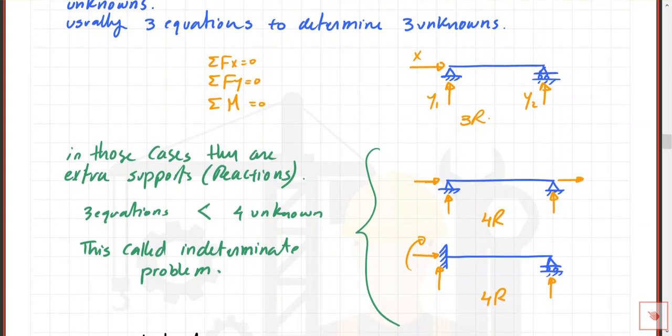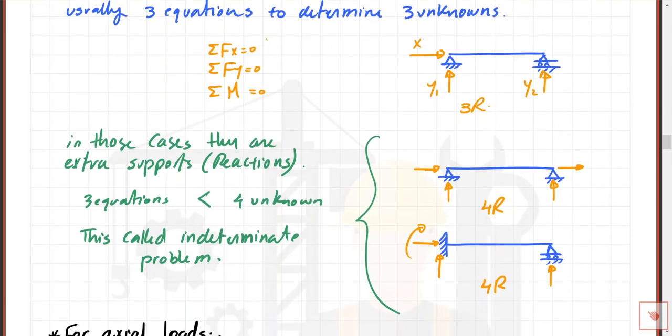We said we have 3 equations: sigma of x, sigma of y, and sigma moment all equal to 0, and we have 3 reactions. In the case that there is an extra support, causing the number of reactions to be more than the number of equations, we call it an indeterminate problem.